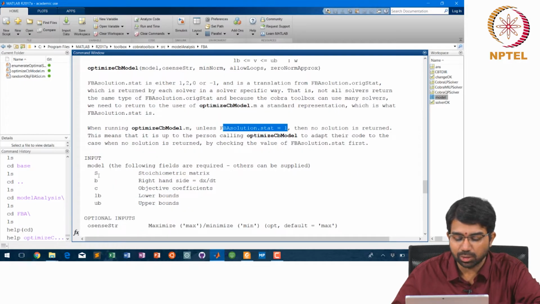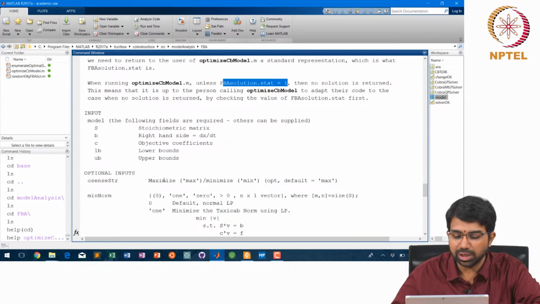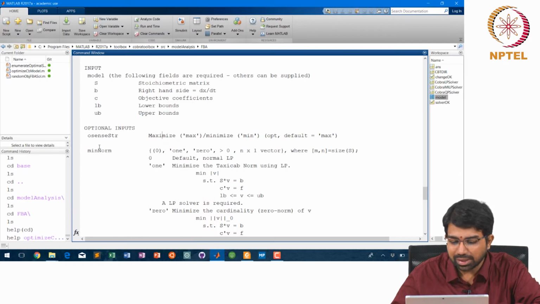What are the inputs? I think you know it very well by now. The stoichiometric matrix, the right hand side usually zeros, objective coefficients, lower bound, upper bound. And which way do you want to optimize it? You want to maximize the biomass function, or you want to minimize ATP uptake or whatever, and so on. There are interesting concepts about min norm and so on, and I will dwell on this a little later.